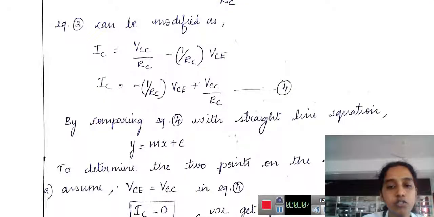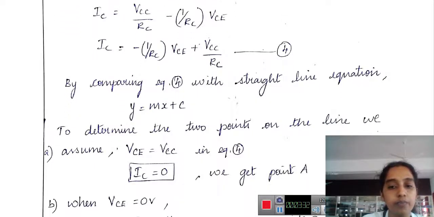Considering two points on the line, assume that VCE equal to VCC. From equation number 4, if I assume VCE equal to VCC, the first term will become minus VCC by RC, and the second term will be plus VCC by RC. So both will get cancelled, and the value of my collector current will be 0.